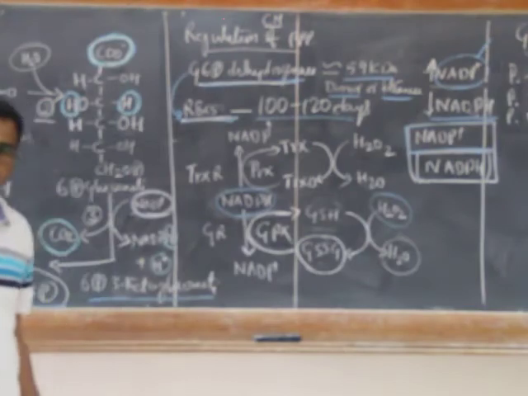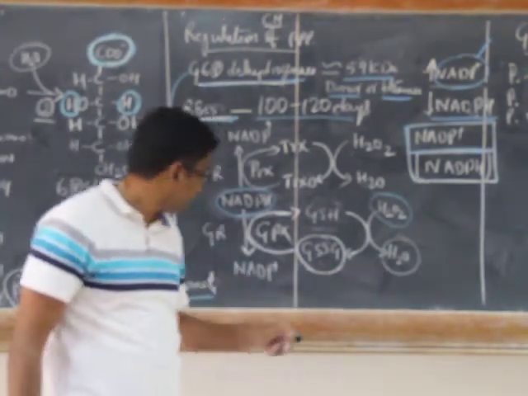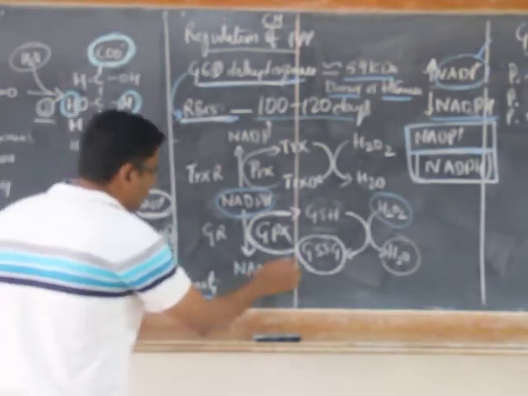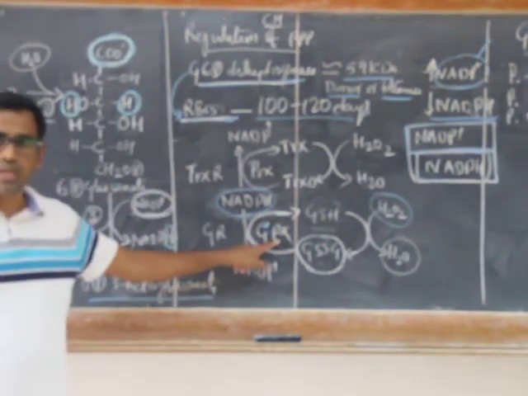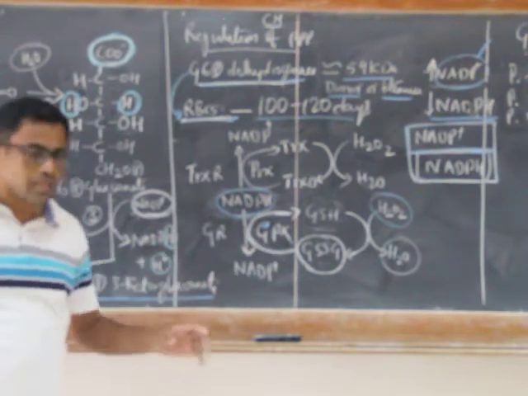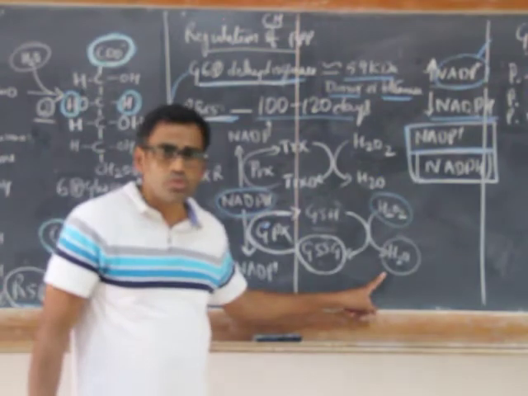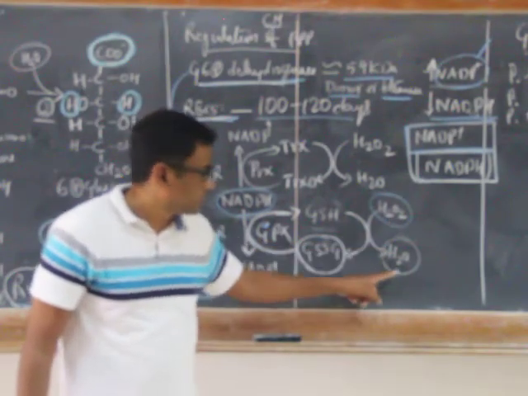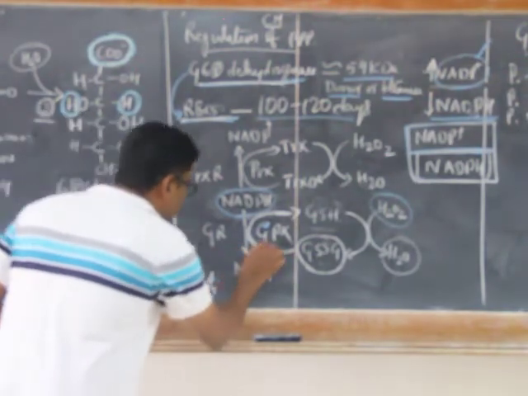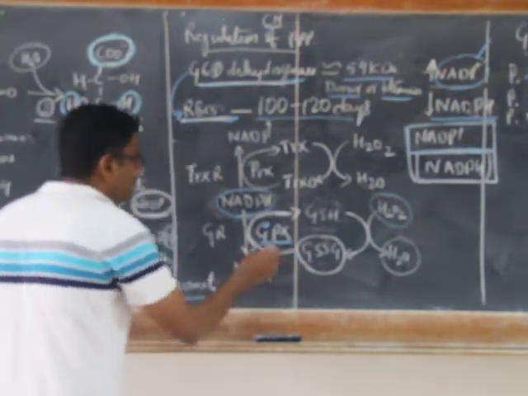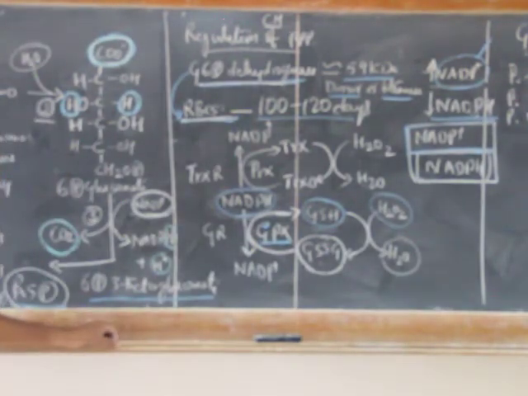How is that H2O2 reduced to water in RBCs? Here, an important enzyme GPX, glutathione peroxidase. Glutathione peroxidase is an important enzyme that reduces H2O2 to H2O, toxic to non-toxic. This GPX requires reduced glutathione as a substrate.